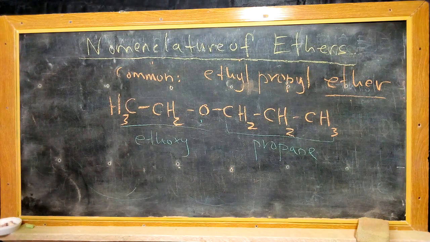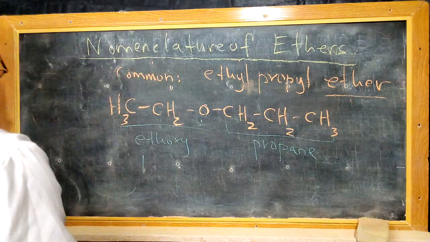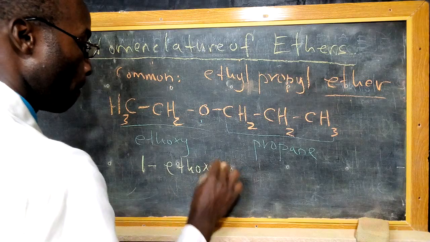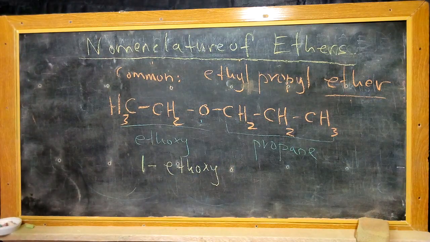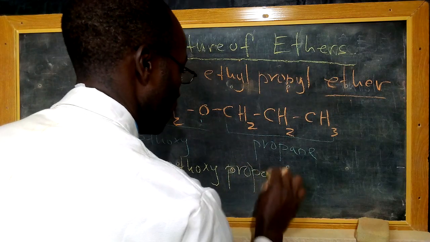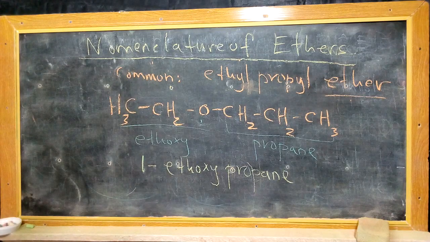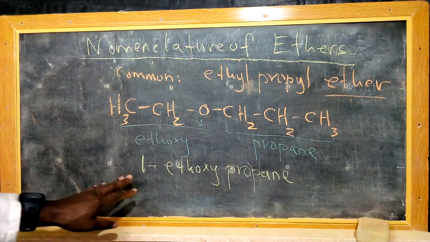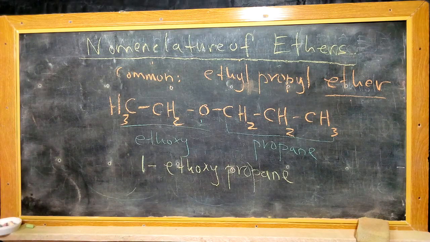So we shall have the ethoxide group as 1-ethoxide, and then the second, propane, as the other name for this particular compound, following the systematic rules that we are talking about. So the common name will be ethyl propyl ether, whereas the IUPAC name is 1-ethoxide propane for that particular case.